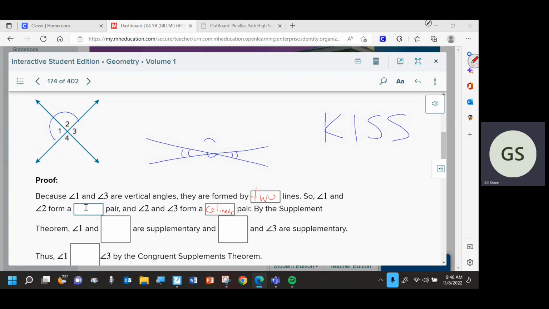It actually wasn't 2 lines, it was intersecting lines. So if you're filling stuff in, they actually have intersecting. 2 lines would have been fine, 2 lines would intersect. In a paragraph proof, there's not only one way to write a paragraph out.